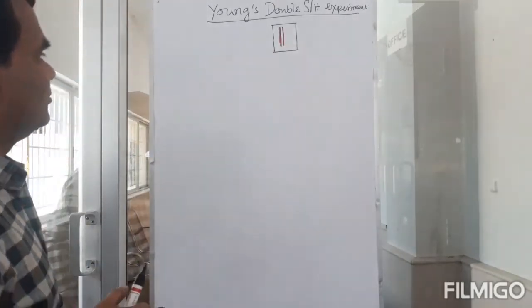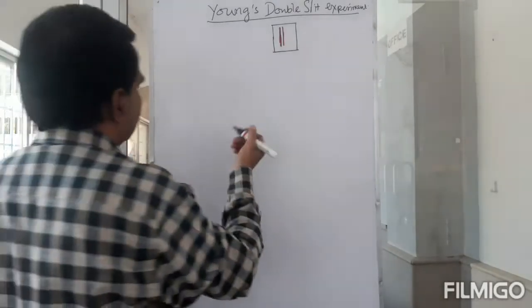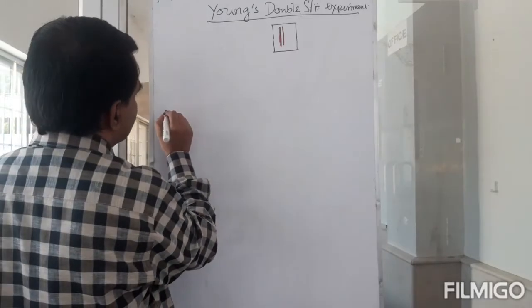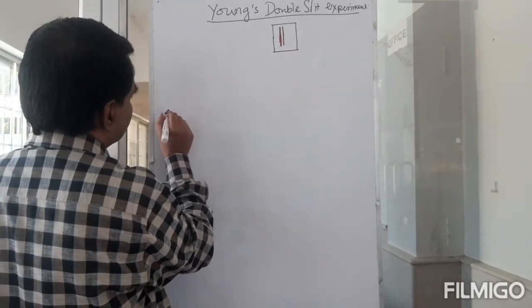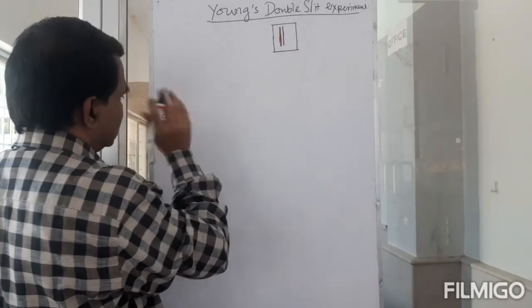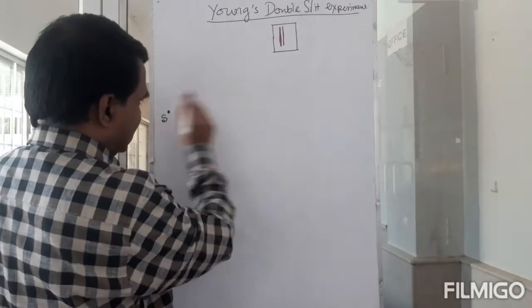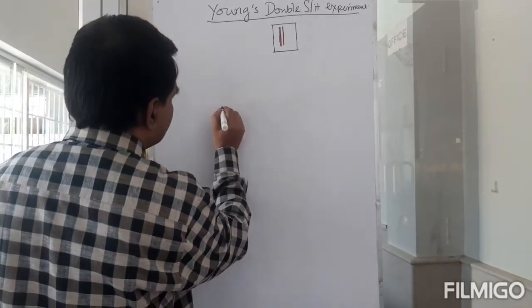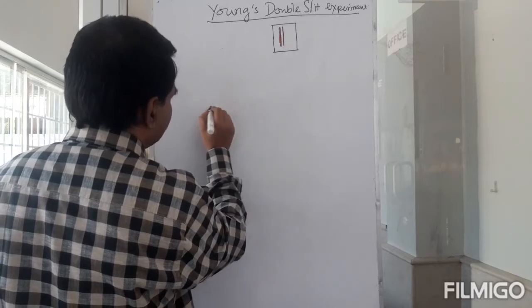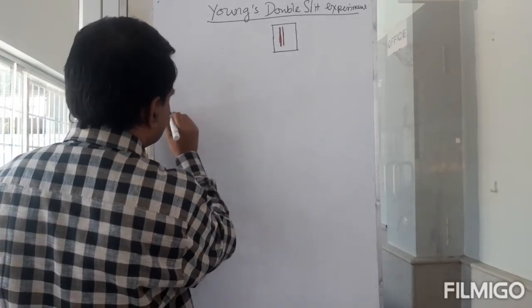Okay. So schematically, this is how it is done. So you have a source here, a single source. I told you, single source, and then at a reasonable distance, you're going to have two sources. Like you're going to split it.